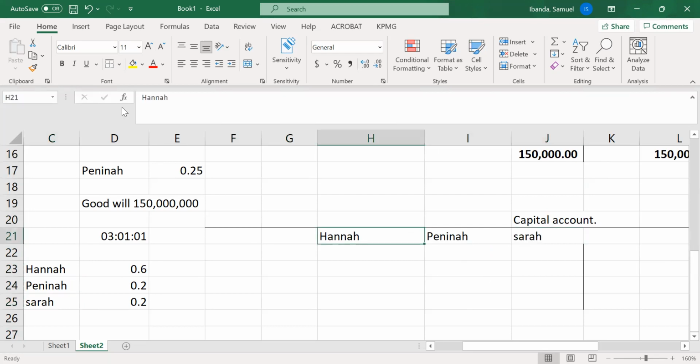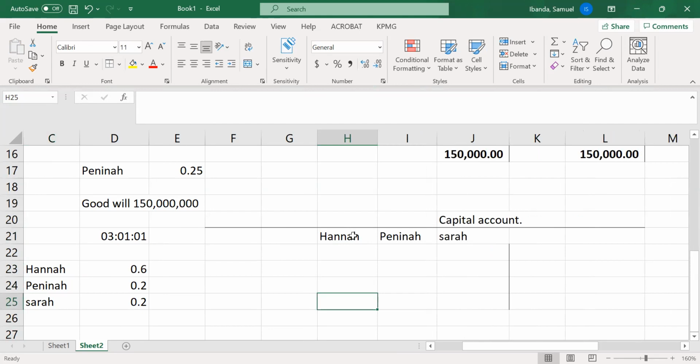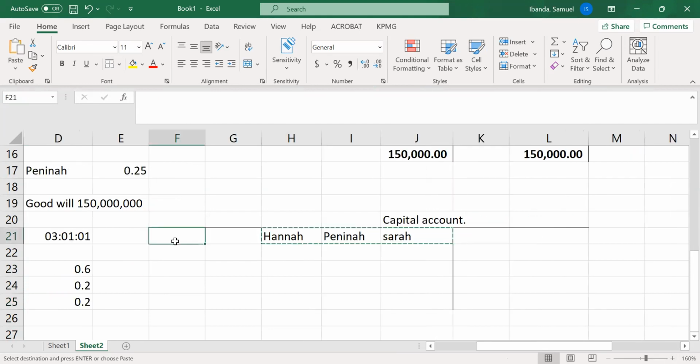We are going to have all those columns on the debit side and the credit side as well for our partners. Definitely, like any other account, this first part will have the details, and the same thing will also be on this side.